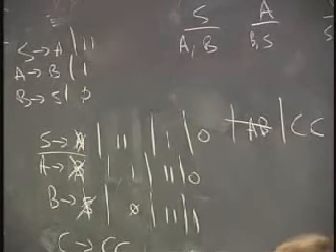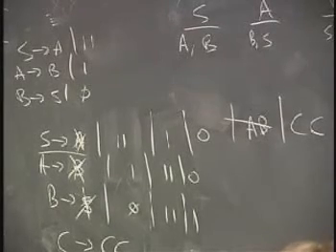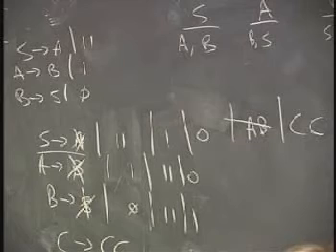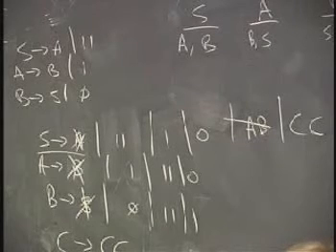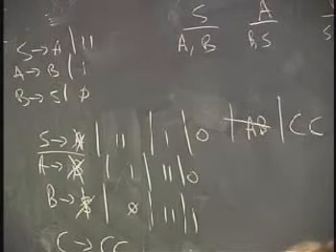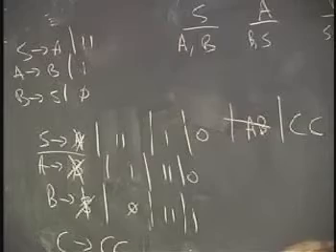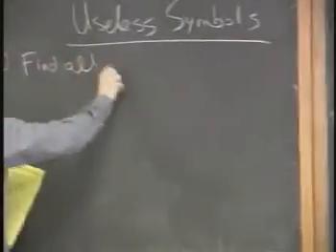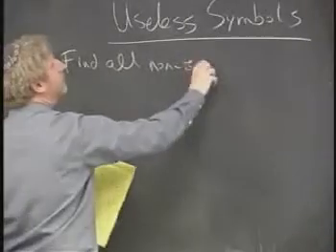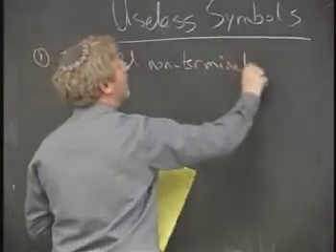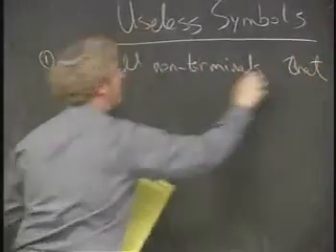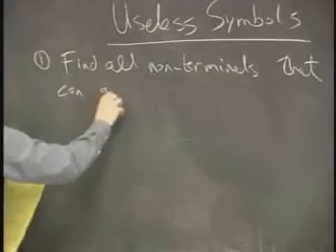Okay, 2 ends on this. And we got to check both. And it makes a big difference which end you check first. So I'm going to write down the 2 things we're going to look for and talk about how we'll do it. So step 1 is find all the non-terminals that can actually generate something.